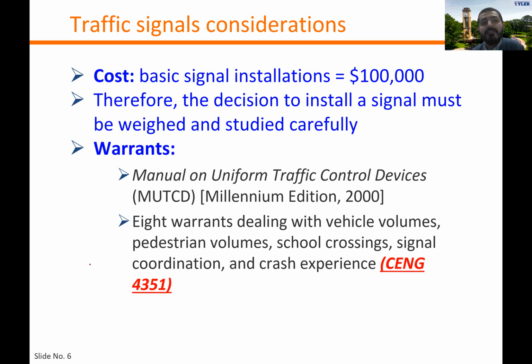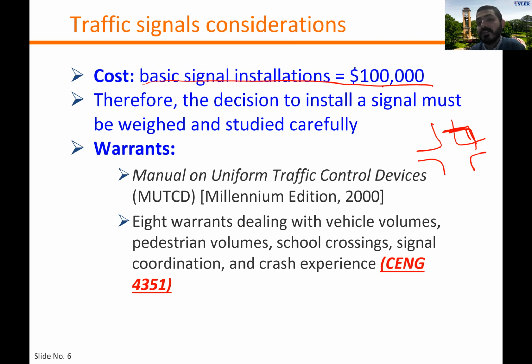How about the cost? The cost of having a traffic signal is huge, and that's why we really need considerable consideration and study to justify the need for a traffic signal. A basic signal installation for just one leg of a four-legged intersection is $100,000.